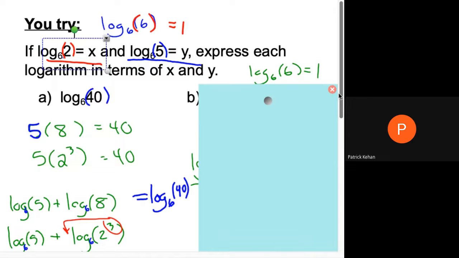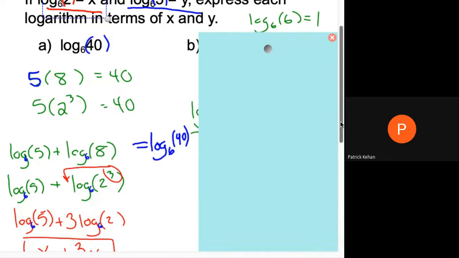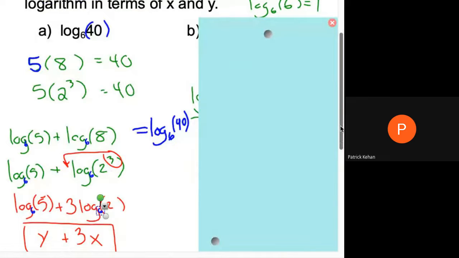So I can replace log base 6 of 2 with x down here, right? So this log expression is equivalent to x, this log expression is equivalent to y, and then I can just rewrite it as y plus 3x and be done with the problem. Now this expression is written in terms of y and x, right? So y plus 3x or 3x plus y, both are equivalent.